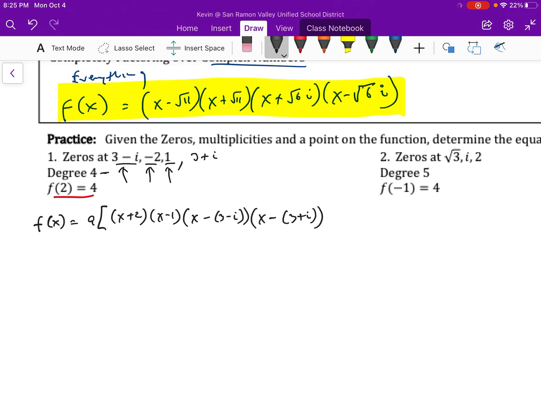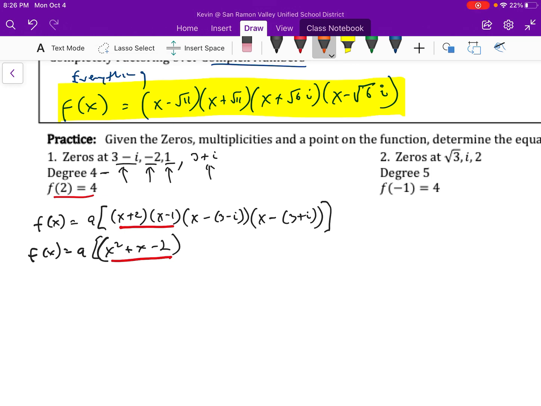And I'm going to have x minus 3 plus i, and that's my 4th degree there. All right, now I want to start multiplying all of this together. f of x equals a, this is going to be x squared plus x minus 2. All right, that's right there.